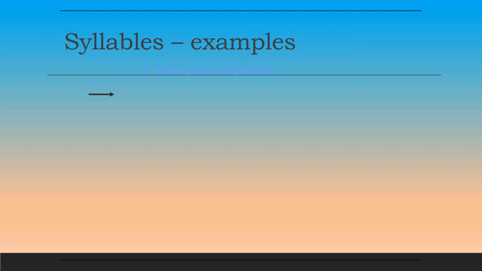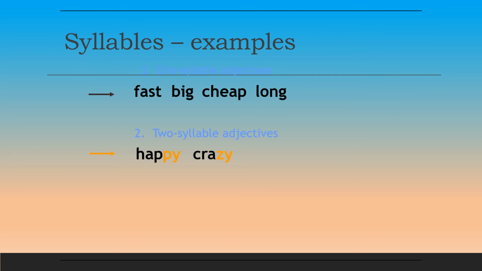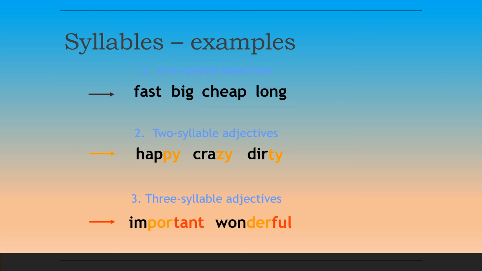Syllables. One syllable adjectives: fast, big, cheap, long. Two syllable adjectives: happy, crazy, dirty. And three syllable adjectives: important, wonderful.